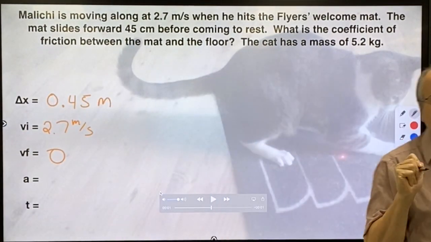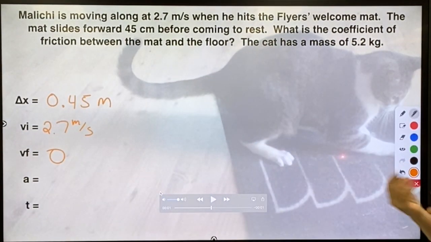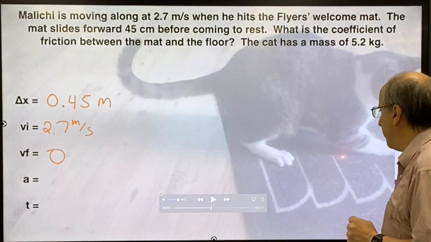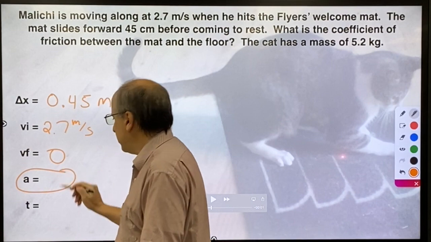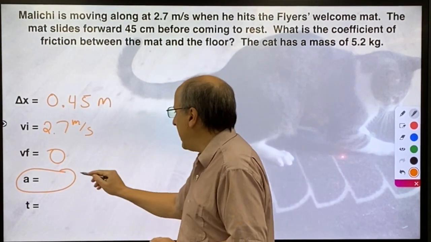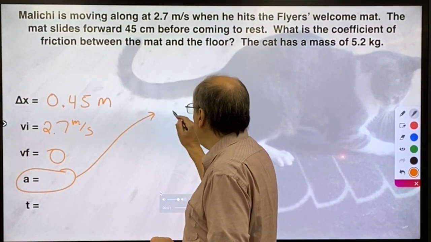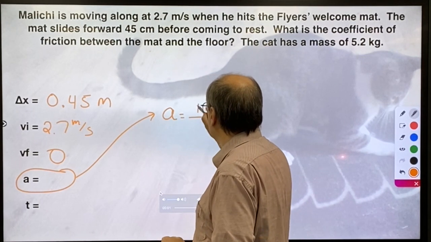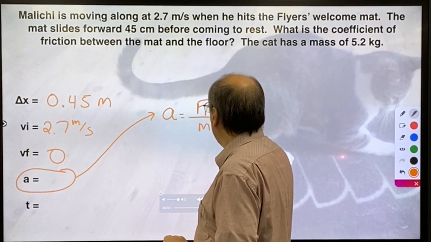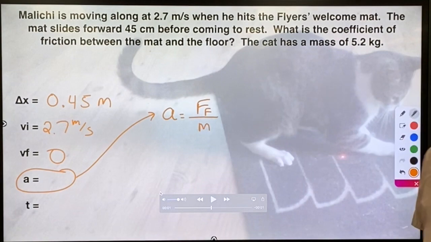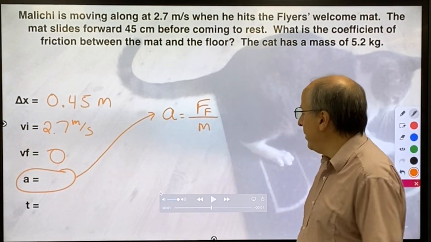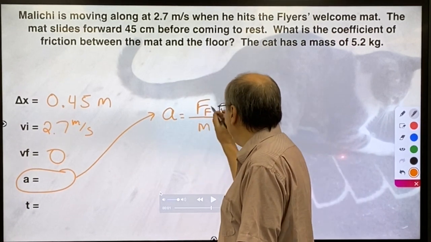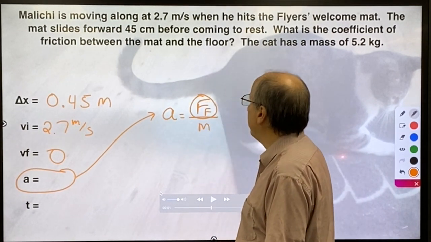The mat eventually stopped moving as friction took away all of the momentum. You find the acceleration, so it's working backwards from what we did last time. You then take that acceleration and put it into Newton's second law, realizing friction is the force that's stopping you, and you solve for the force of friction.